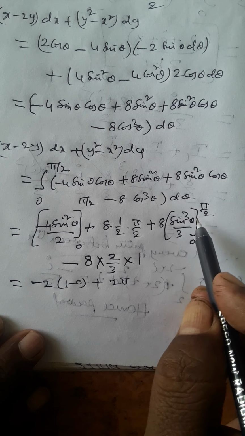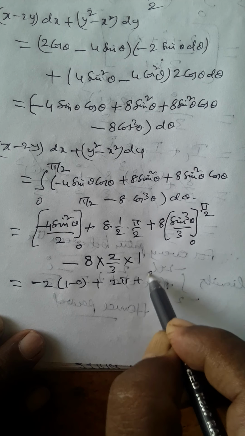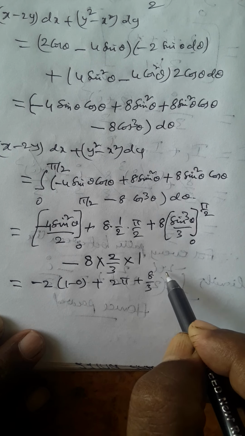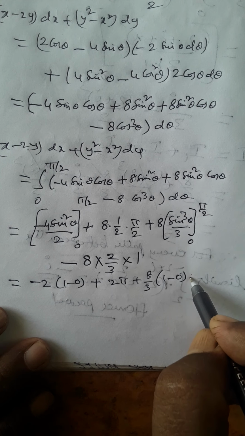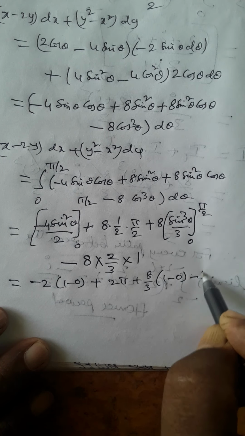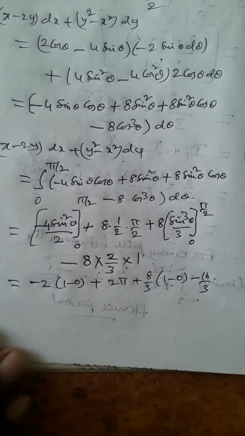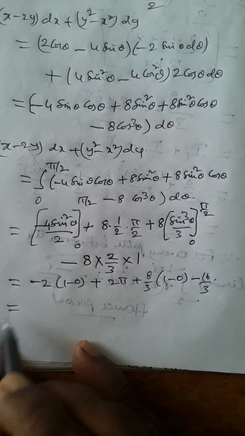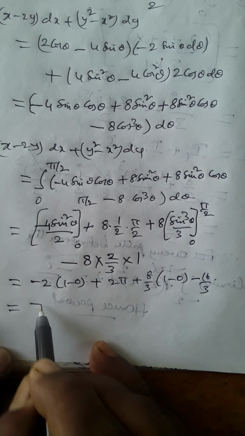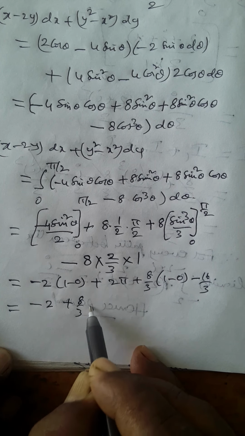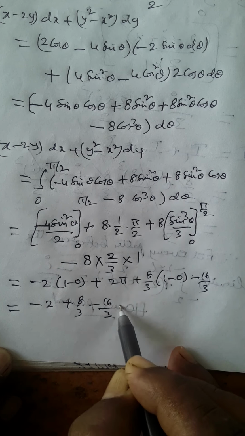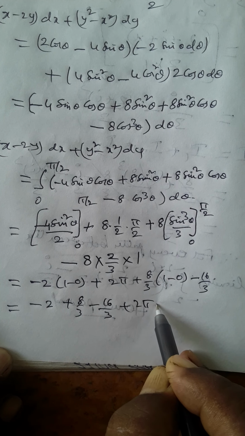This is sin pi by 2 is 1 minus sin 0 is 0, giving 8 by 3, minus 16 by 3. Minus 16 by 3 is equal to minus 2 plus 8 by 3 minus 16 by 3 plus 2 pi.